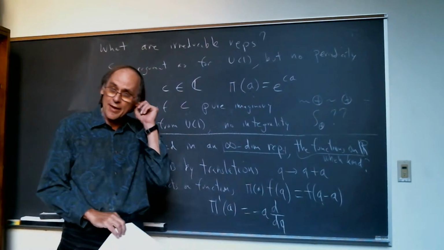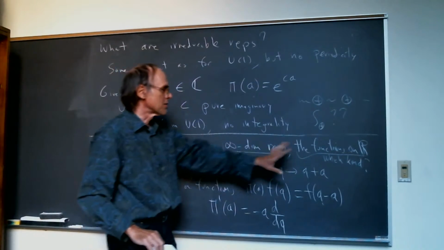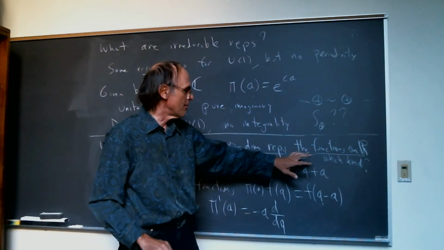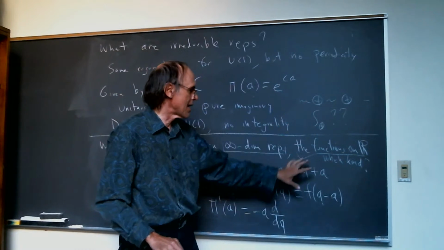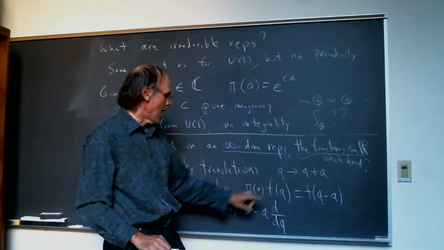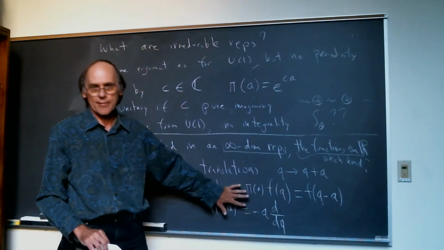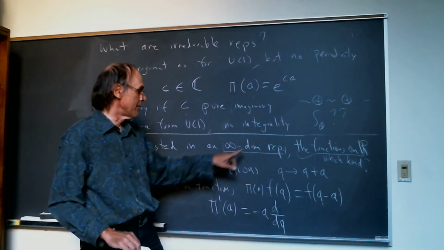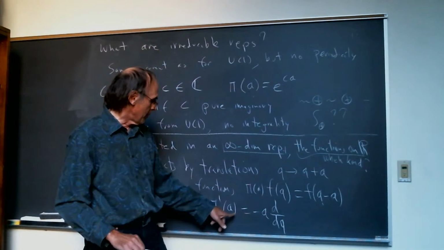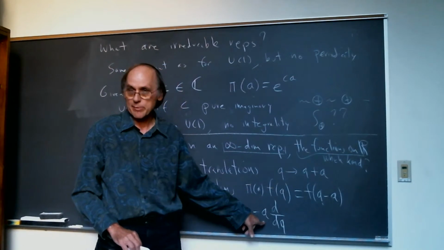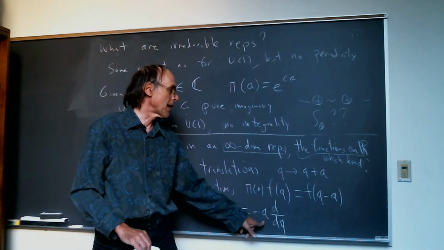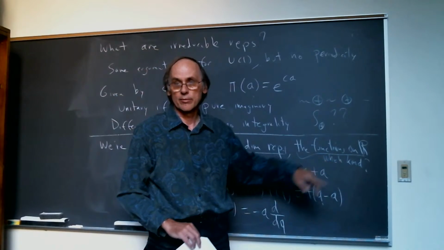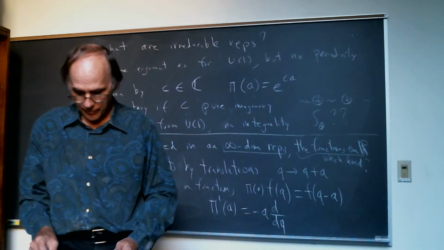A lot of what I'm going to do next time is try to make some precise statements about this. Here I've in some sense defined the representation that we're interested in. It's an infinite dimensional representation of R, and it's an infinite dimensional Lie algebra representation of R. But I haven't completely specified it because I haven't told you which kind of functions we're talking about. And we need to do that.